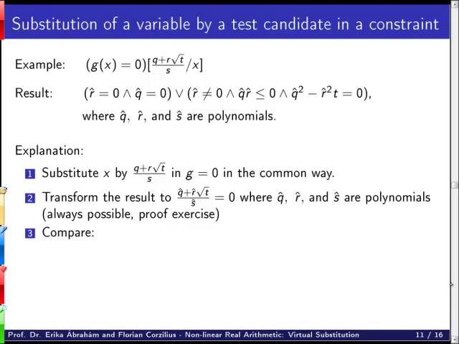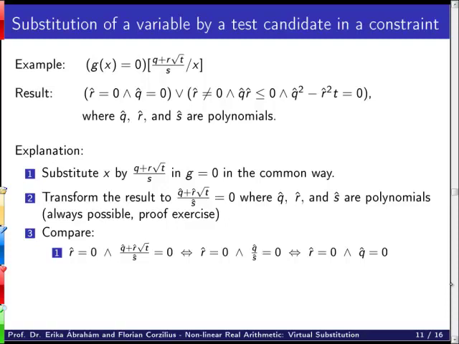So we substituted x in g by this expression and get this as result. And now we have to compare. It must be 0. We know this. What if r hat is 0? Well, then this term would be 0 here. And hence we have q hat divided by s hat equals 0. If we have a fraction being 0, then it means that actually the numerator must be 0.